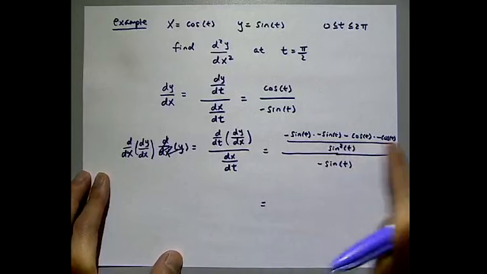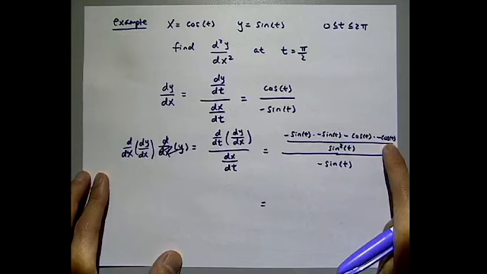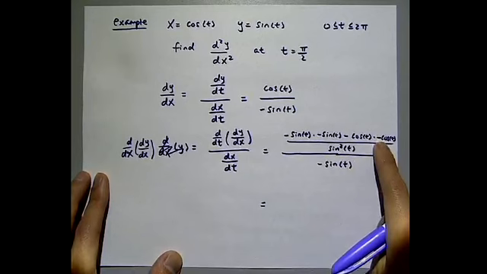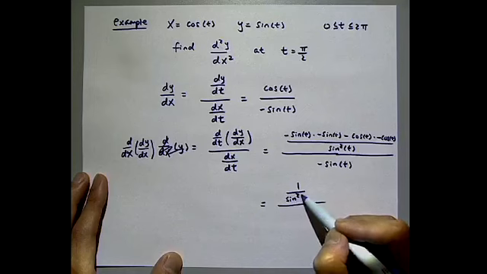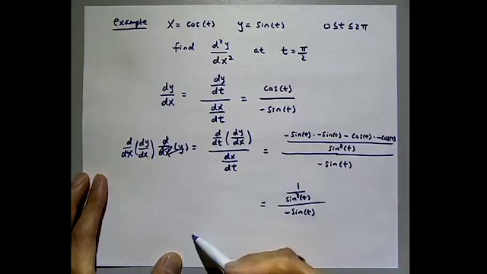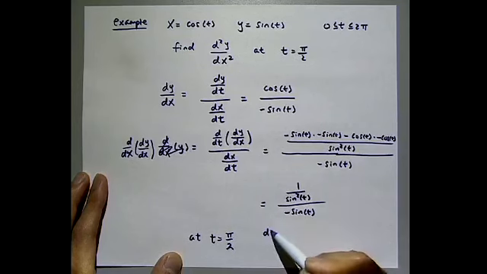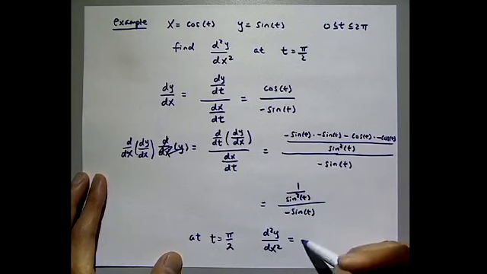And you see what the numerator of the numerator is? Sine squared plus cosine squared, which is 1, yeah. So that's good. 1 over sine squared of t over that. So at t equal to pi over 2, we get 1 over negative 1, negative 1.